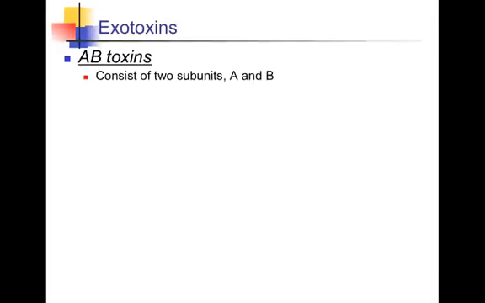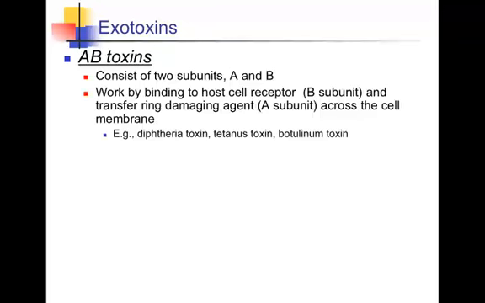Let's talk about another class of toxins. These are exotoxins. There's a couple of different versions of these. Many of these are what are known as AB toxins, and that's that they consist of two subunits, an A and a B toxin subunit. Oftentimes those two subunits catalyze two distinct classes of processes.